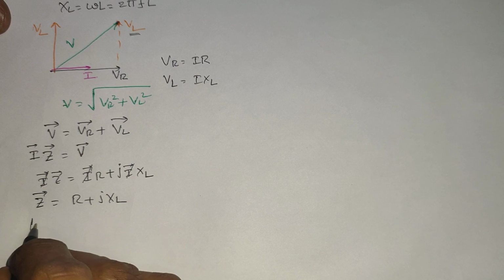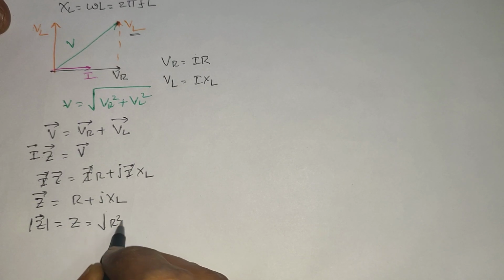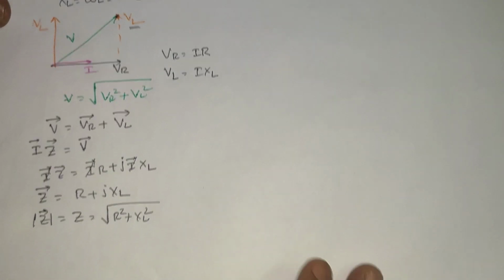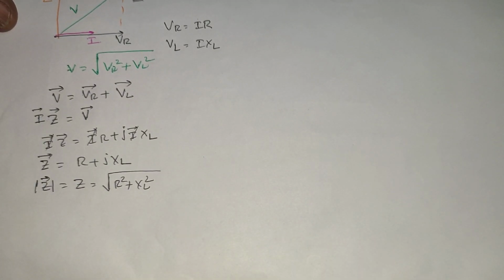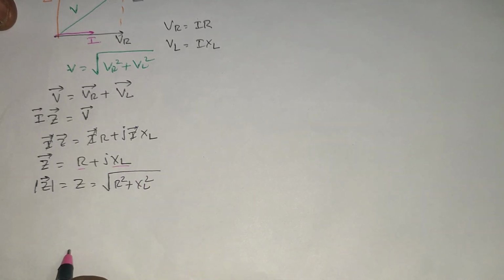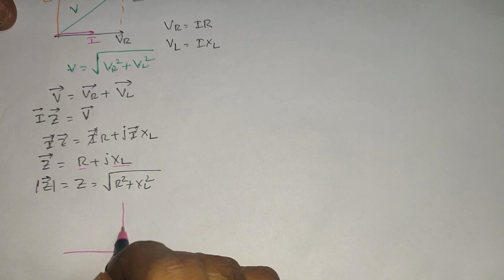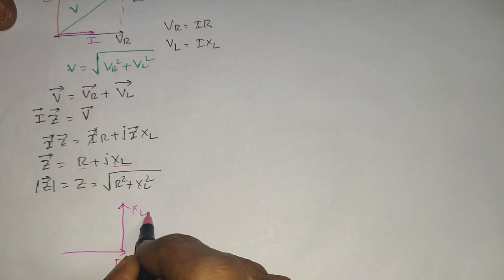If you find out the magnitude of this impedance, it is going to be equal to square root of R square plus XL square. And here we can draw the impedance triangle, considering R as the real and XL as the imaginary. So if you take R as the reference, this will be our XL.